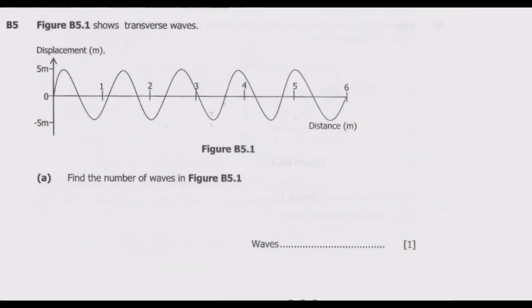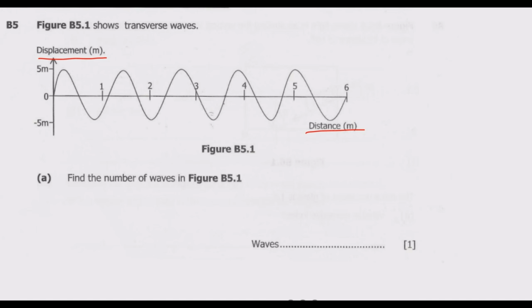Let us look at question B5. Figure B5.1 shows a transverse wave. We have displacement in meters, then distance in meters. Question A, find the number of waves in figure B5.1.